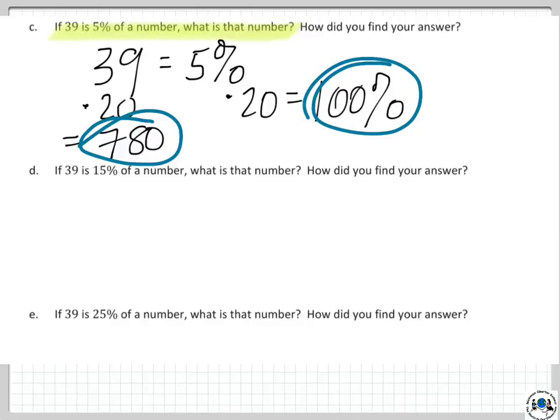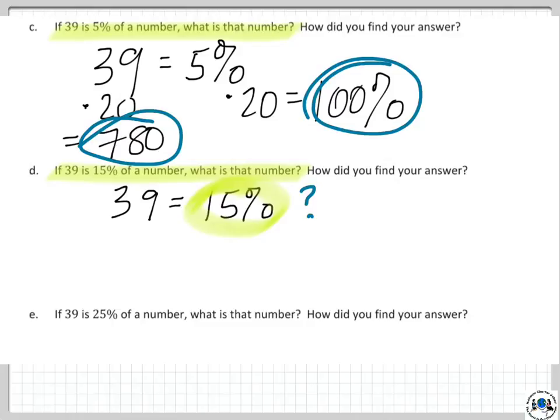Now this next one, maybe you didn't get it finished, but it is a bit trickier. The problem is, if 39 is 15% of a number, what is that number? 39 equals 15%. I can see that in my head written that way, but what's the problem with 15%?